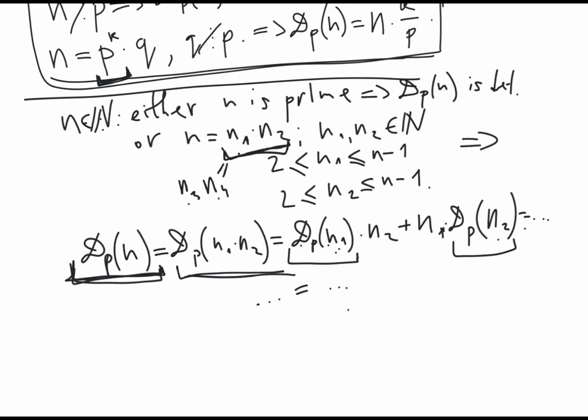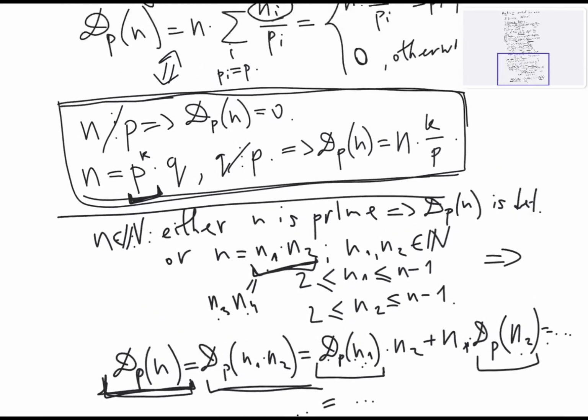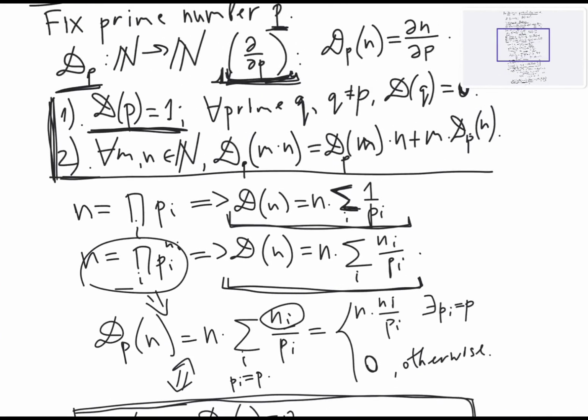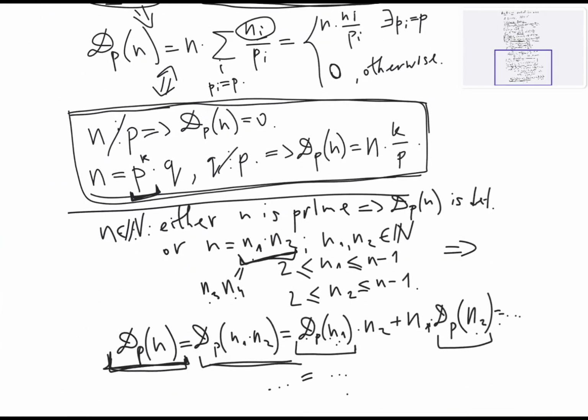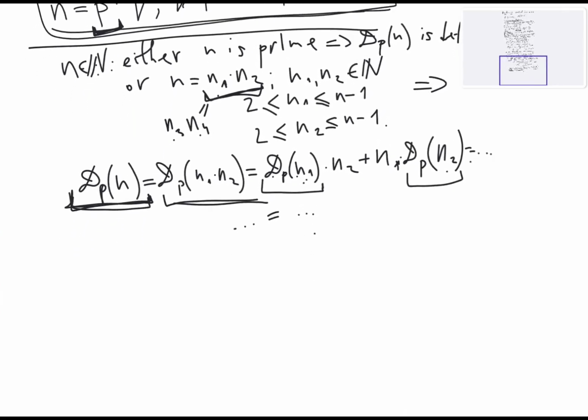So the correctness of the definition is not yet established. All we proved for now is that these two properties, the values for prime numbers and the product rule, fully define the function d_p, the partial arithmetic derivative.